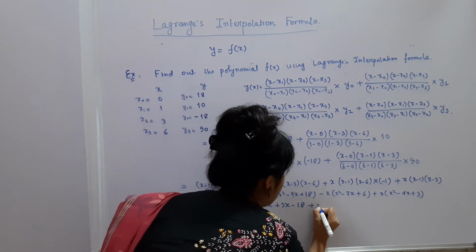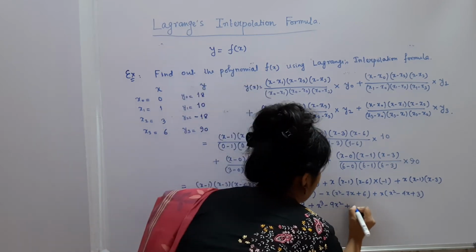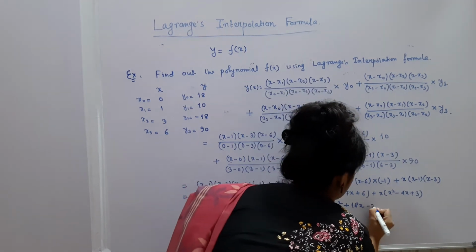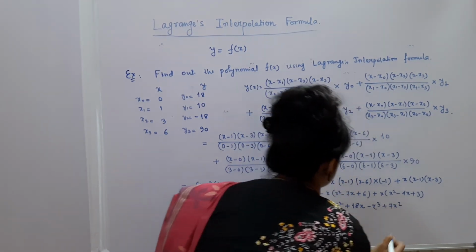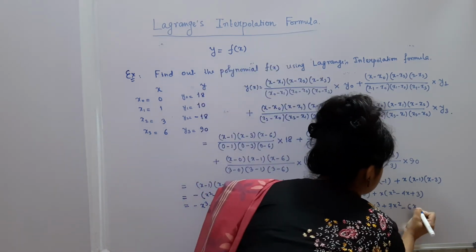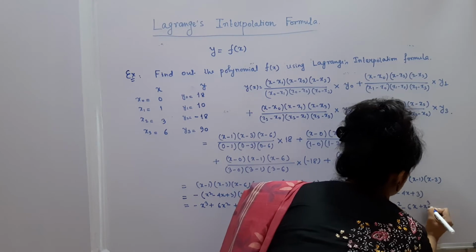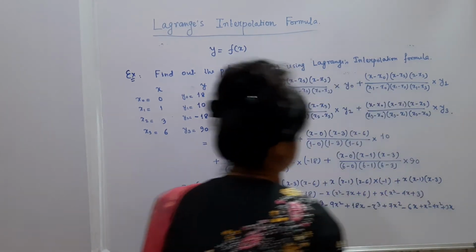Now here x cube minus 9x square plus 18x. Now minus x cube plus 7x square minus 6x, and in the last term, that is x cube minus 4x square plus 3x.